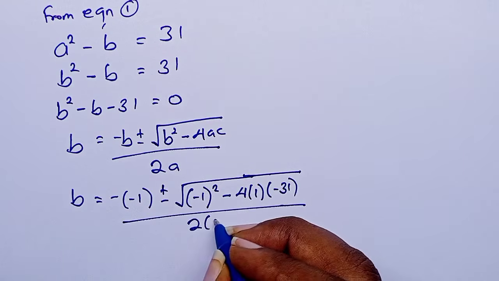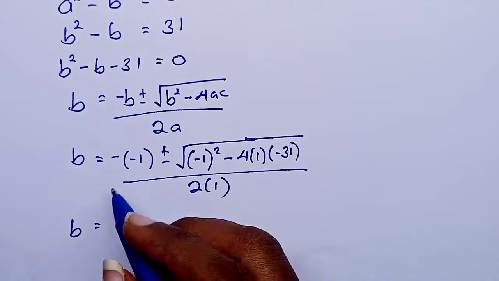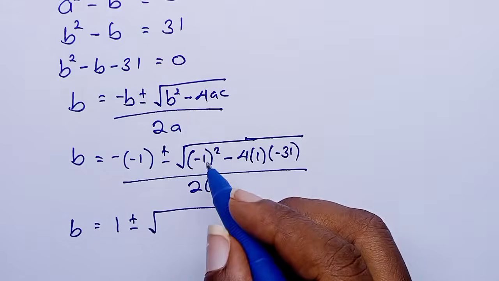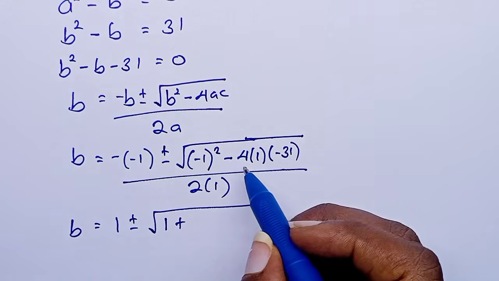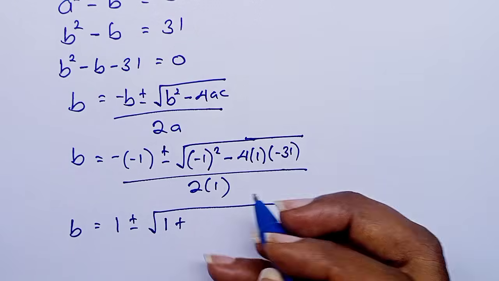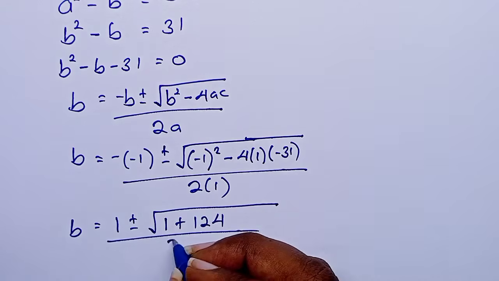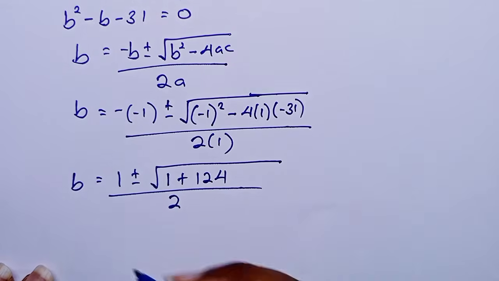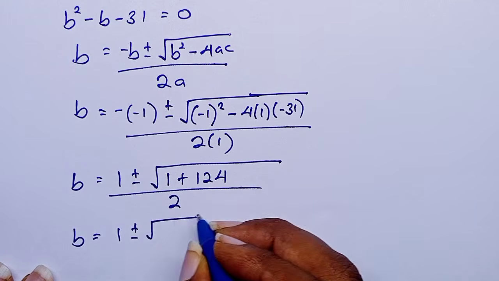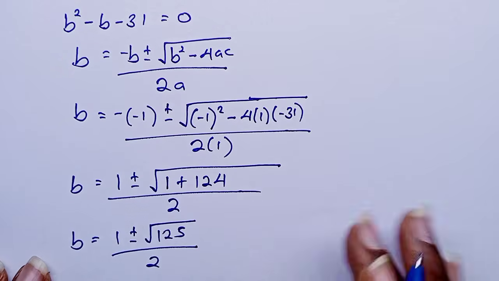This is over 2 times 1. So b is equal to, this gives us positive 1 plus or minus, this is 1 plus negative 4 times 1 is negative 4. Negative 4 times negative 31 gives us positive 124. This is over 2. And so b is equal to 1 plus or minus root 125 over 2.